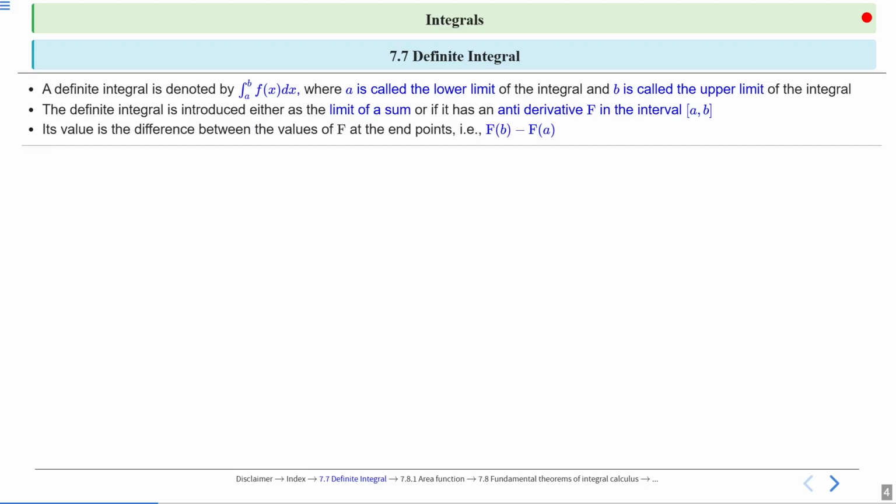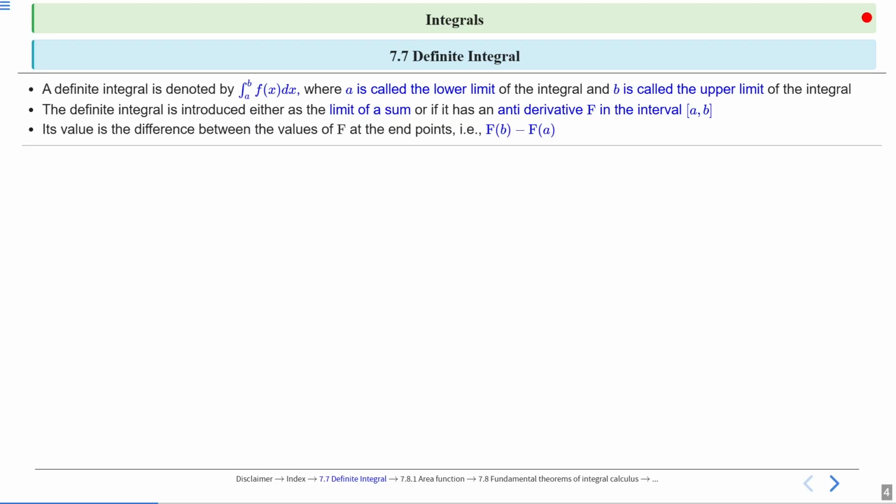So the difference with indefinite integral is that when we integrate the function f(x) dx, that is integration of f(x) dx, there is a and b. So what is a and what is b? Now there is a boundary. For example, any function can be plotted as a graph, so let's suppose f(x) is a graph.